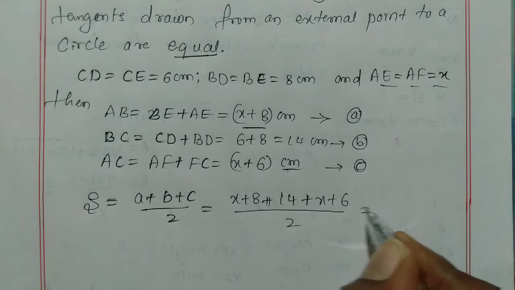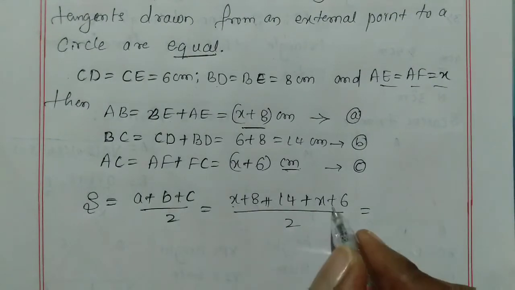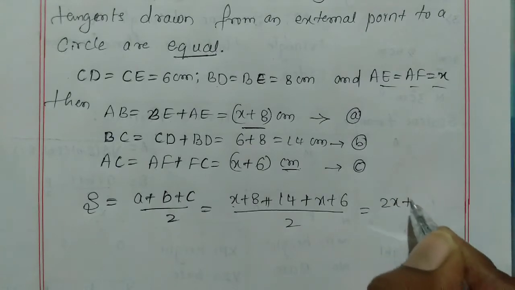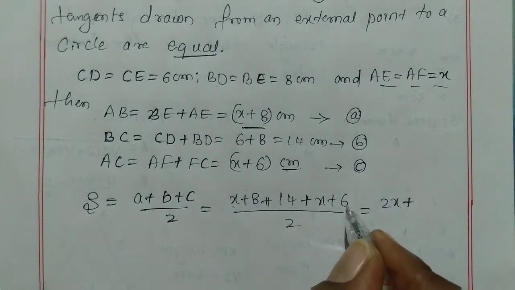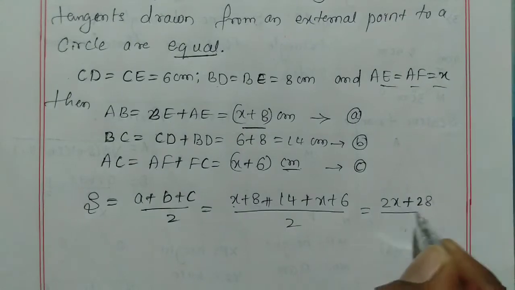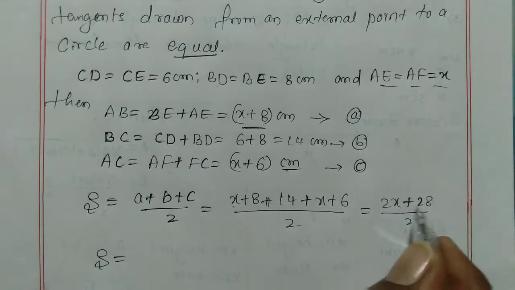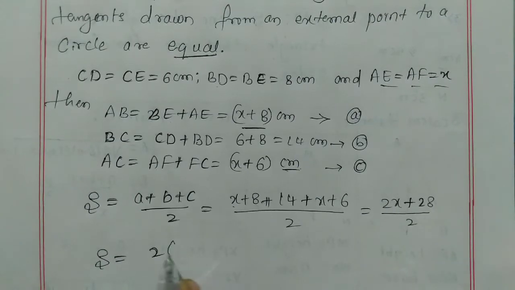Next, x plus x, here 1x, here 1x, that is 2x, plus 14 plus 6 is 20, 20 plus 8, 28, divided by 2. So the semi perimeter is equal to, what is common in these two? 2 is common.